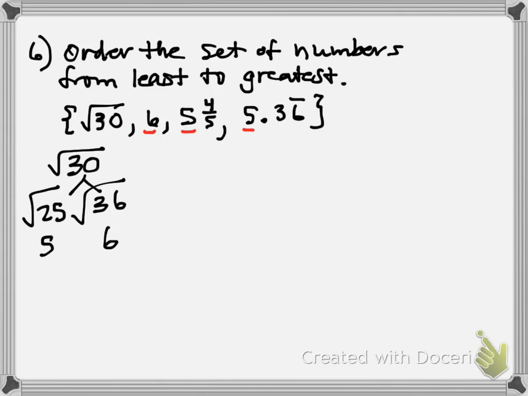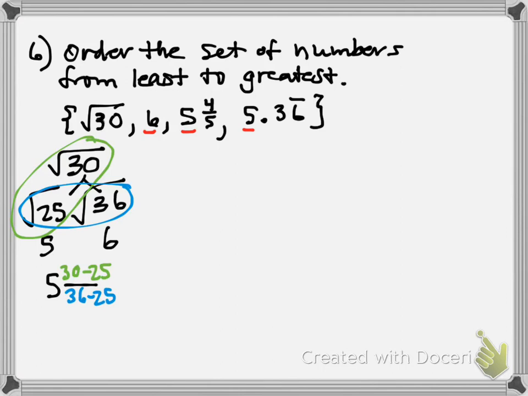So I'm going to use our technique we talked about. In the numerator, I'm going to take my number and the smaller perfect square and subtract them and divide that by the difference in the two perfect squares. So we have a 5 over an 11, and then I need to figure out what 5 11ths equals.